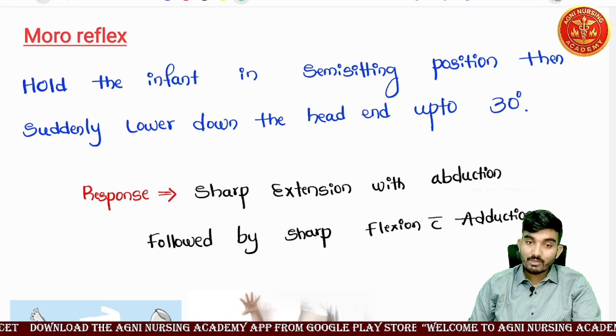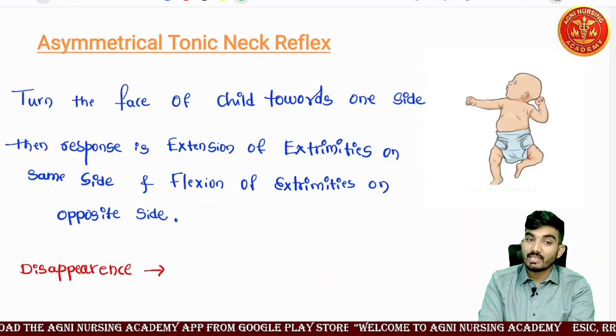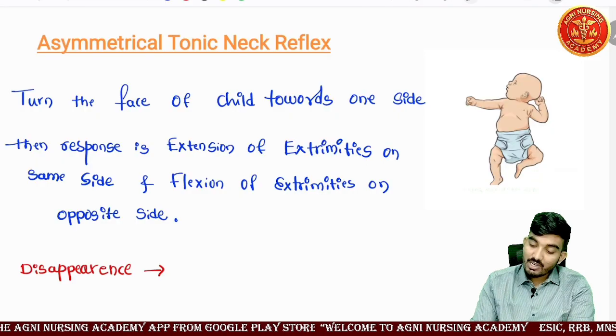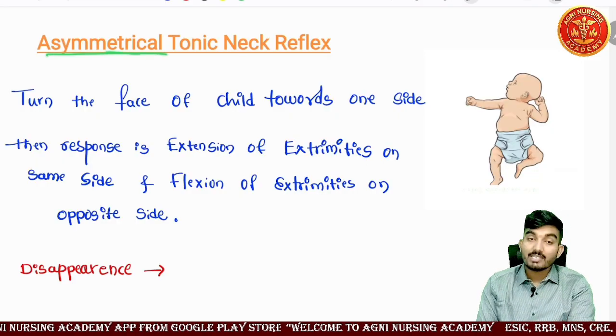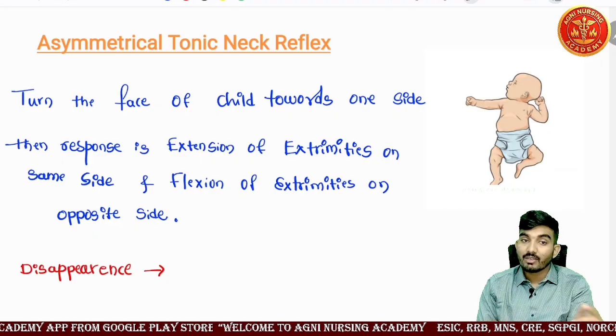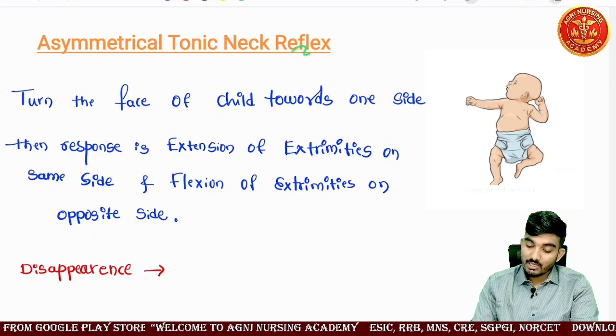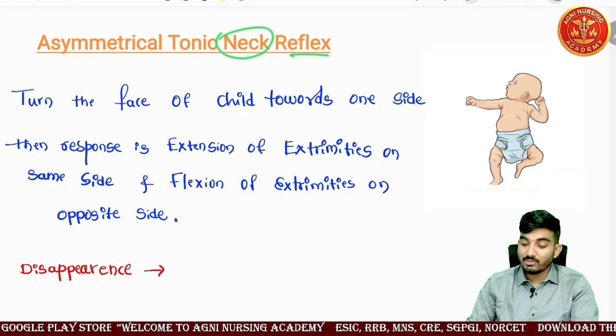See here, another reflex: the asymmetrical tonic neck reflex. The word itself tells it: asymmetric means not bilateral, not equal, it is one side. Tonic means the tone or movements, and neck reflex means neck movements.